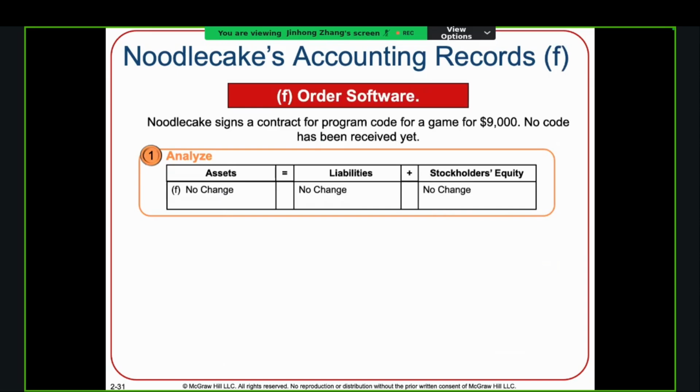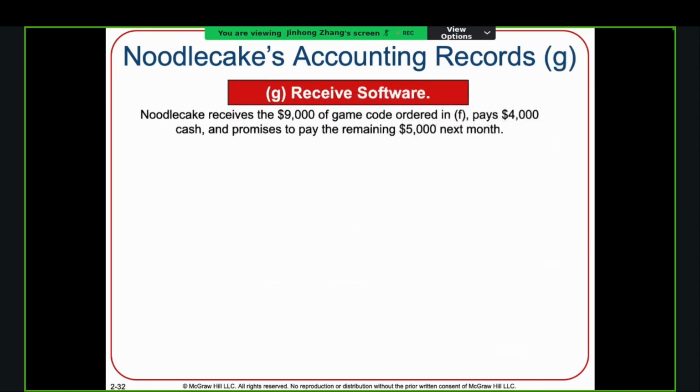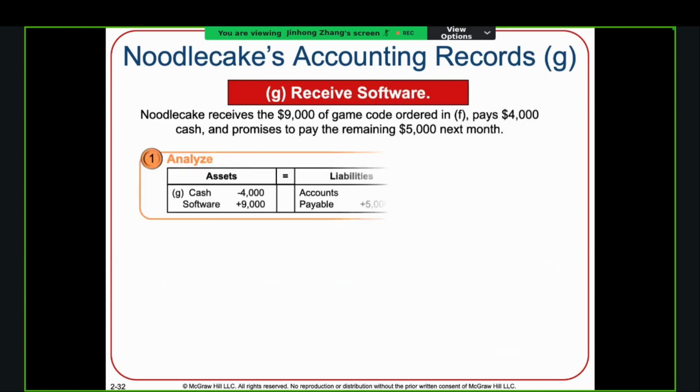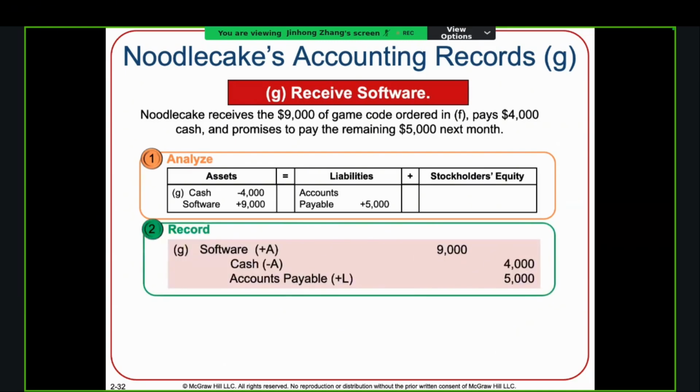These are things that you will do in your exercises. Just play with it many times, and it becomes second instinct. You train your brain to think this way. Whatever transaction happens in business, you immediately picture it this way.